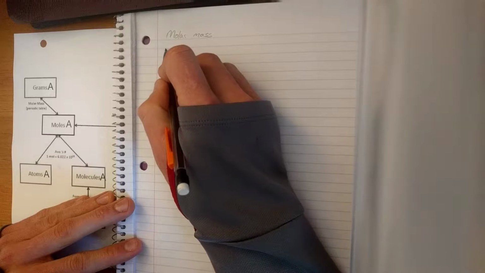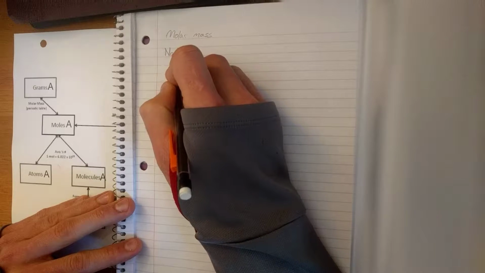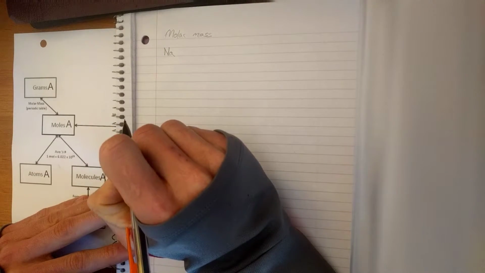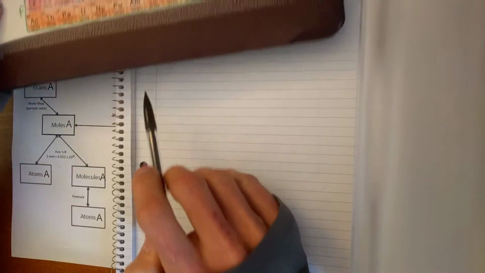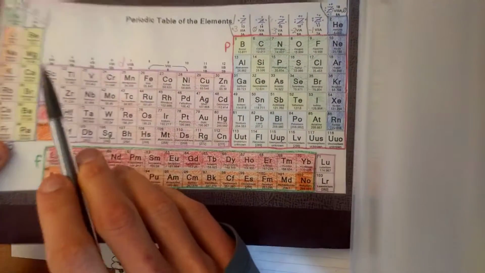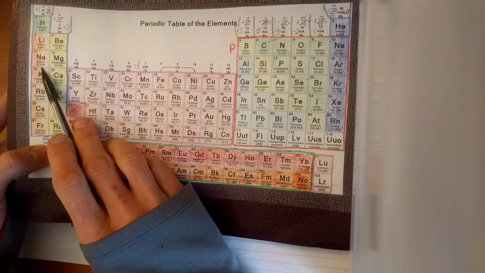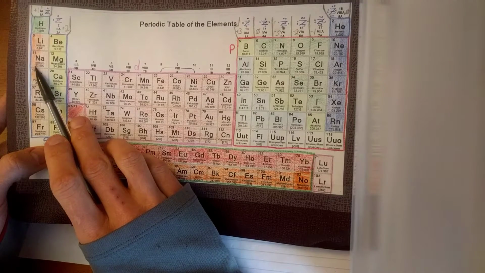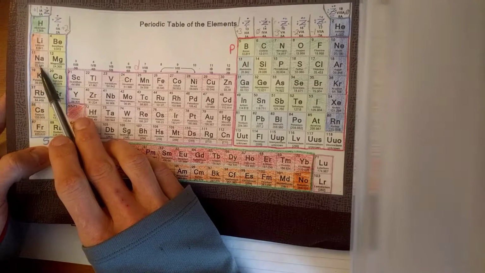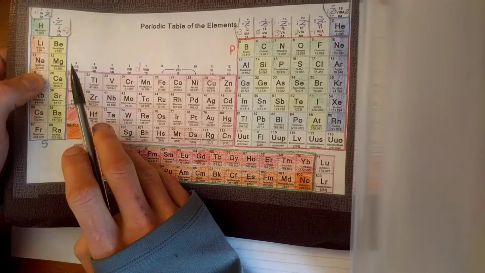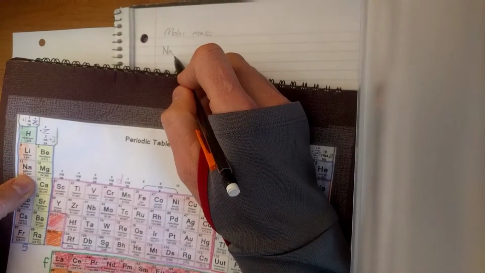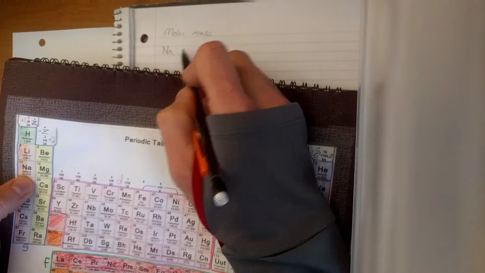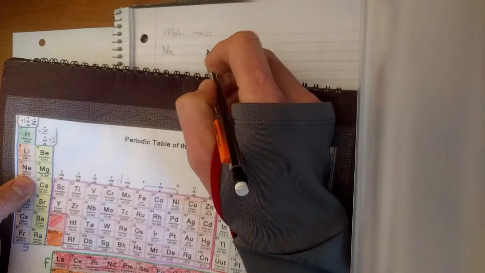How about the molar mass of Na, sodium? So to get the molar mass of sodium, I need to go to the periodic table, find sodium. Sodium is 22.990. So, if we have 1 mole of them, then we can actually write this as grams.